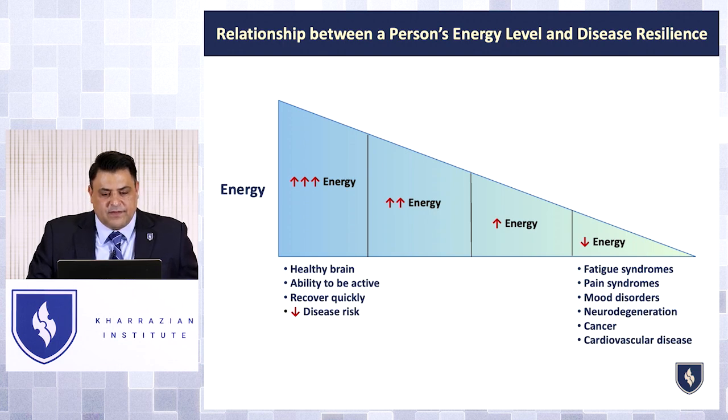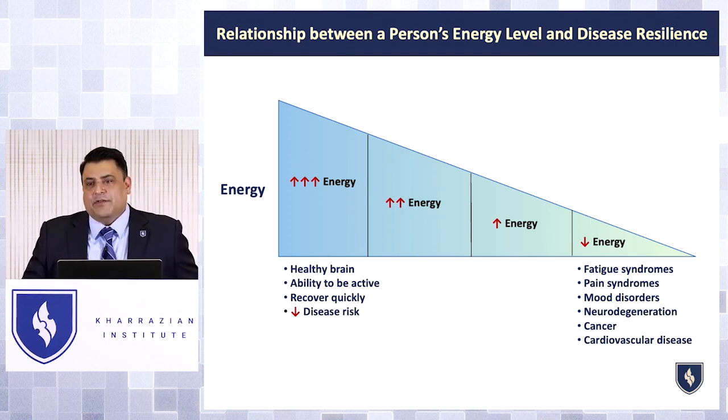So when you look at resiliency overall and a person's energy levels, the more mitochondrial function they have, the greater their benefits. Now, when you exercise, you build mitochondria, and that'll last for a few weeks, let's say 2 to 4 weeks. When you stop exercising, you lose mitochondria. So if you stop exercising for 2 to 4 weeks, even within a 2-week period, you're going to have less energy, less activity.